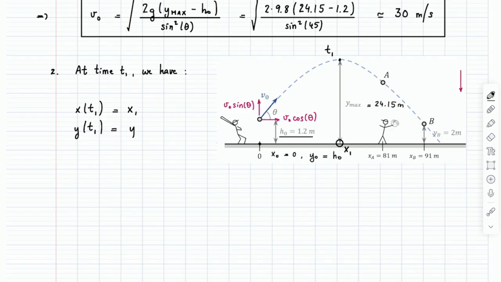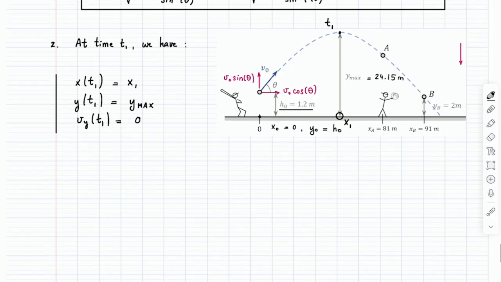Y of t1 is going to be y max, which is kind of cool because I know y max, so I should be able to solve for t1 there, now that I have v0. But it's also true, isn't it, that vy of t1 is equal to 0. Okay, so why am I writing all this? Let's have a conversation. First of all, you have to be able to write this, so let's start with that.